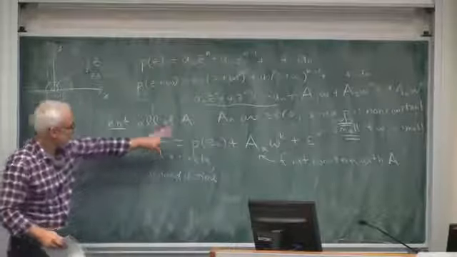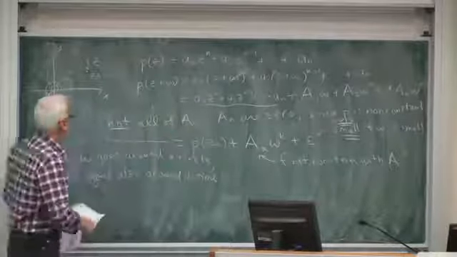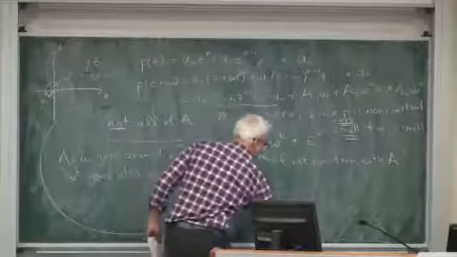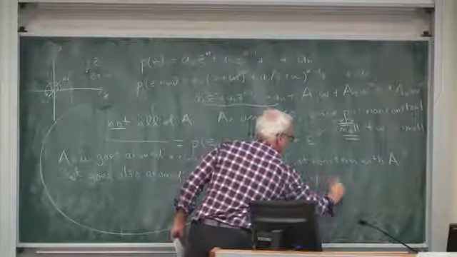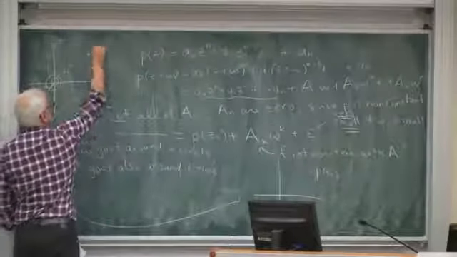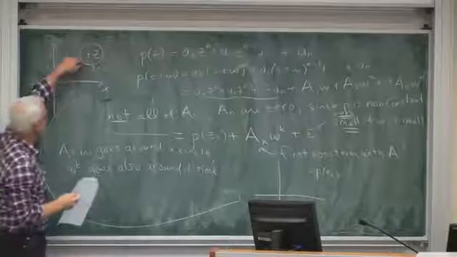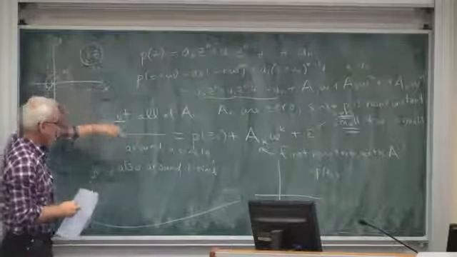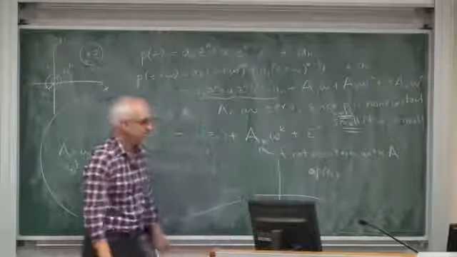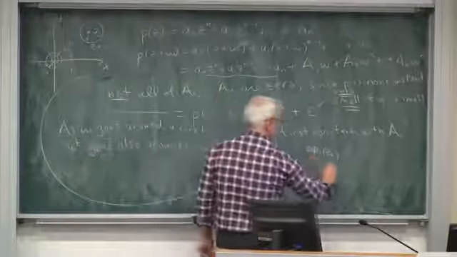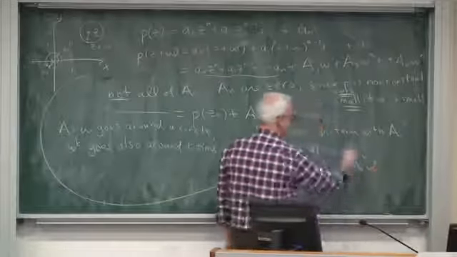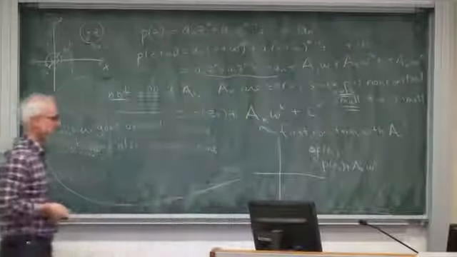And what that means is that this expression, here's our polynomial. Let's say the polynomial is mapping over here, and here is p of z0. If we look at what happens to z plus w as w goes around, in other words, we're going around that little loop around z, then the image around here is going to go around here k times. So there's p of z0 plus a sub k w to the k, because we ignore this epsilon term.